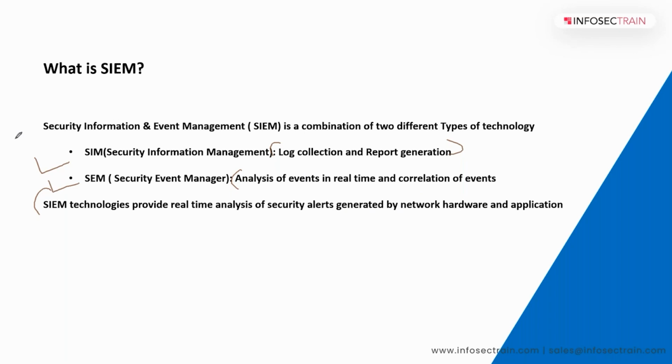Generally I call it the heart of a SOC. In a SOC we have different SIEM solutions, but the common term is SIEM, which is known as Security Information and Event Management. It is made up of two things: Security Information Management and Security Event Management.